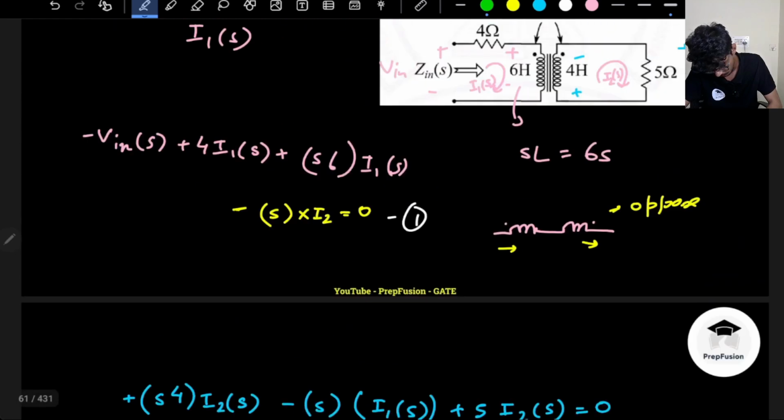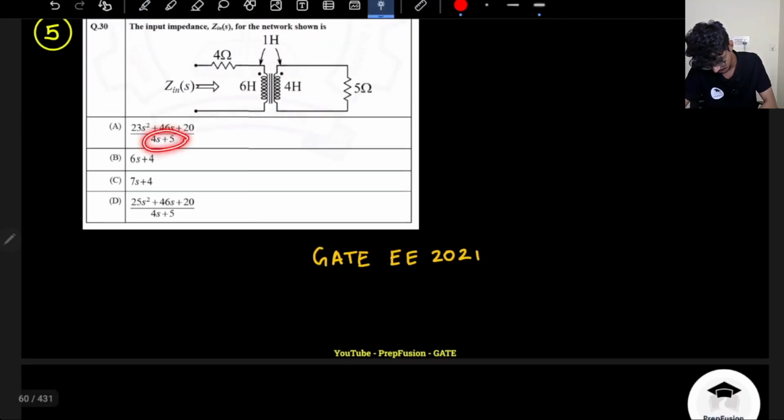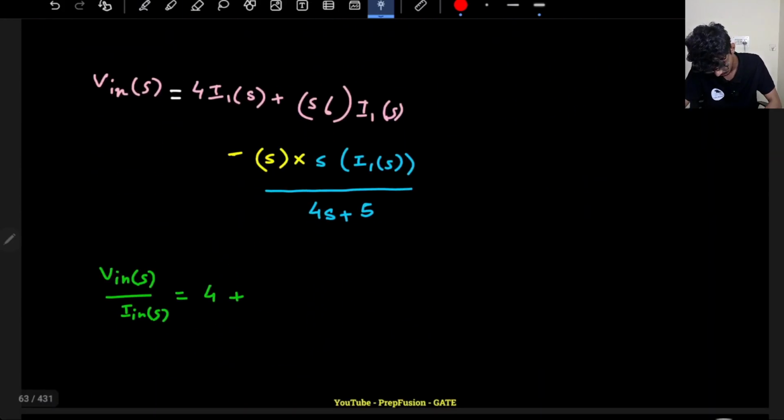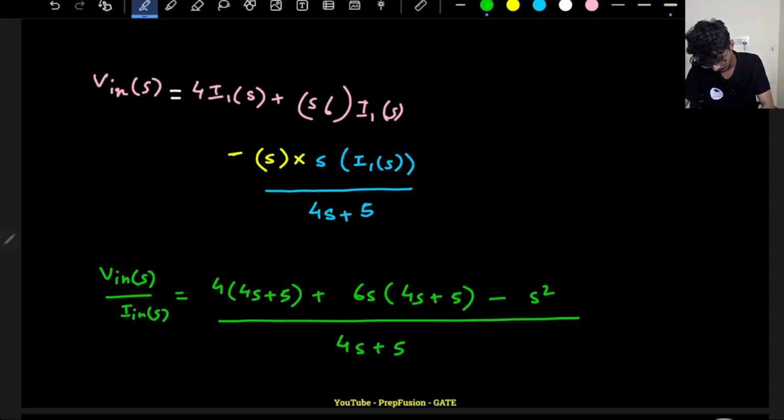Now what are the options actually? If I see the options, it is written with a common denominator 4S plus 5. So I will bring everything to a common denominator. So this will be 4 into 4S plus 5 plus 6S into 4S plus 5 minus S square, divided by 4S plus 5.